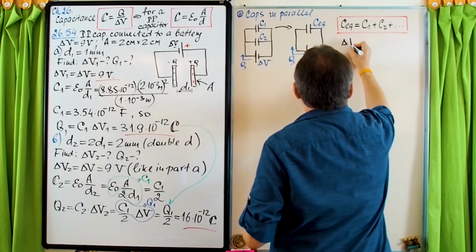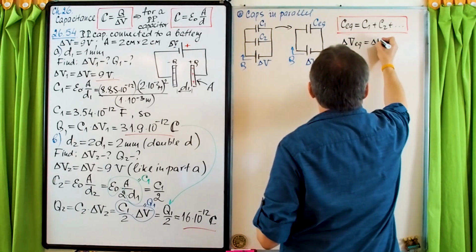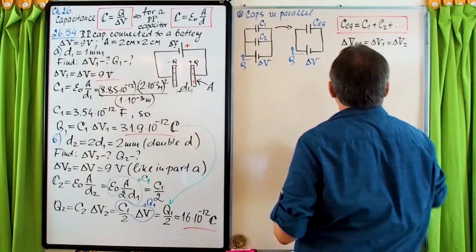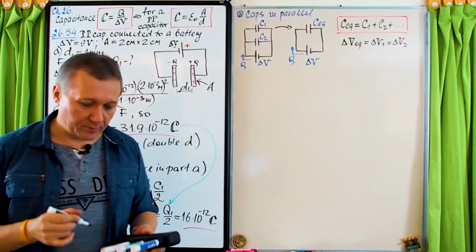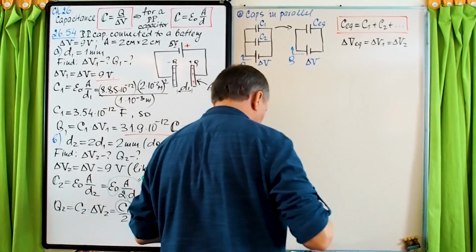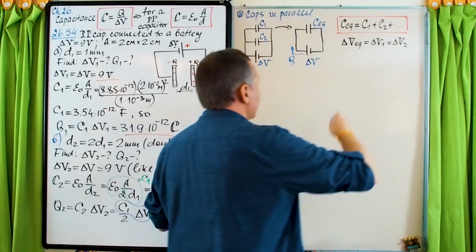Okay, so anyway, delta V across an equivalent equals the potential difference across the first and across the second capacitor connected in parallel. Okay, let me frame this.